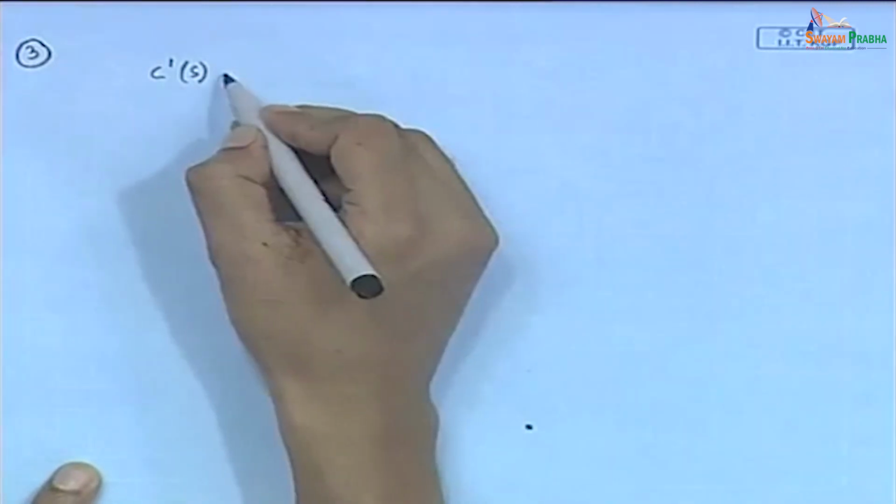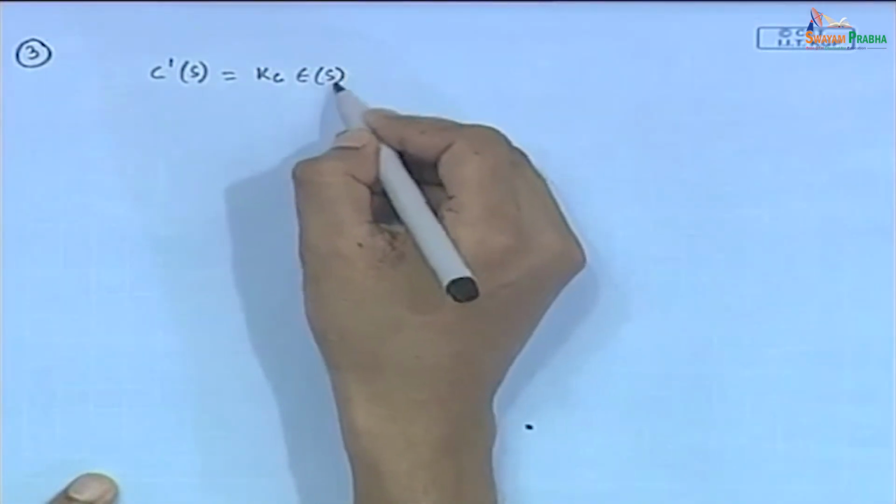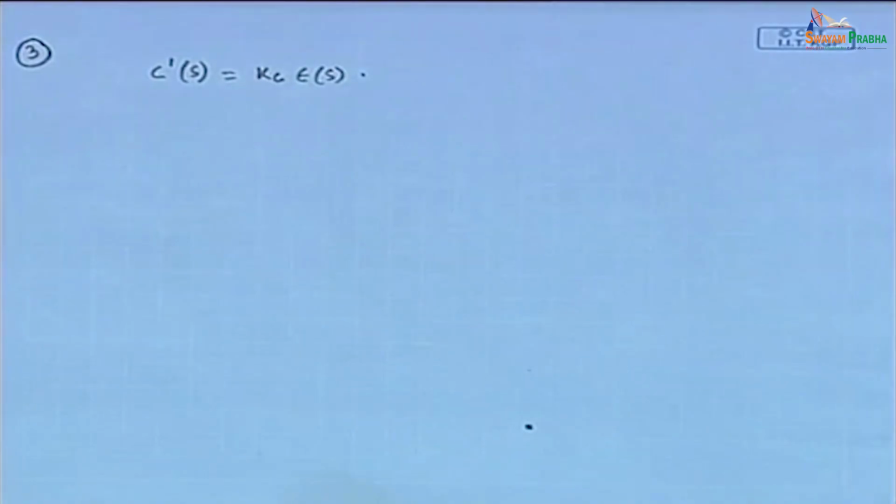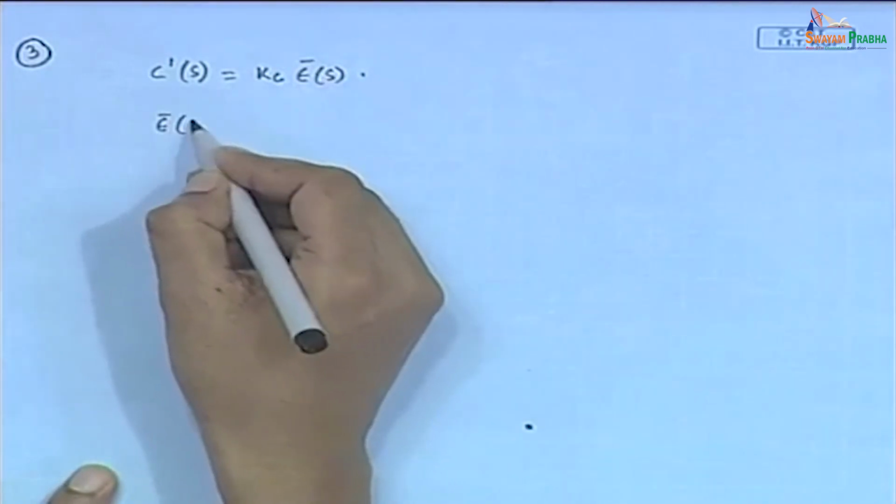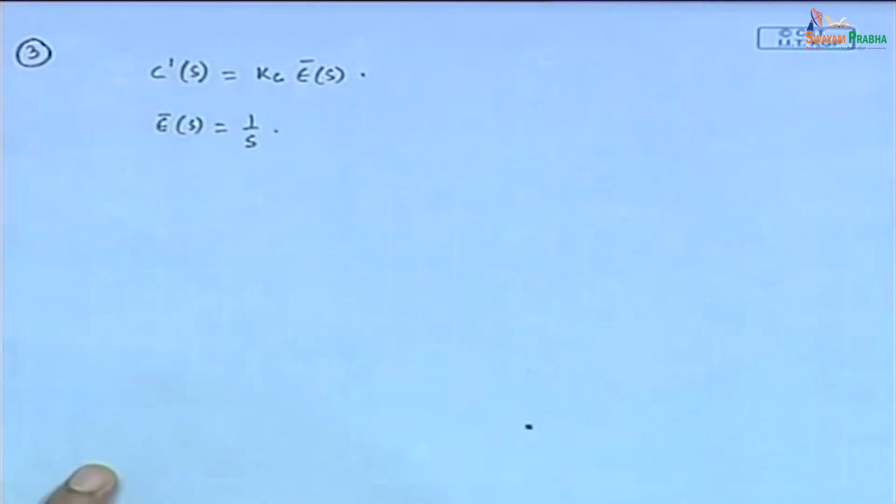Next, we will discuss how the controller responds with a step change in error signal. So, we will use the controller equation in Laplace domain. This is the P only controller equation in Laplace domain. Now, we will consider a unit step change in error signal.